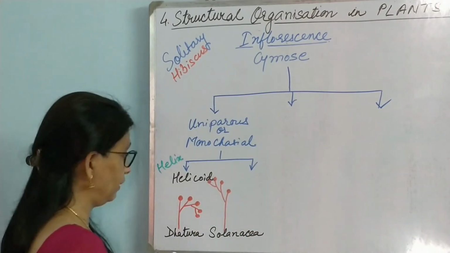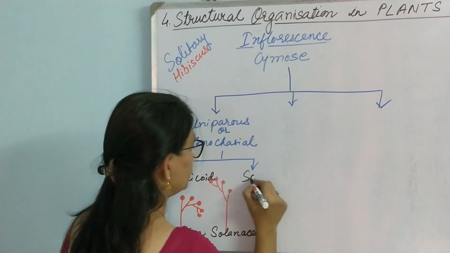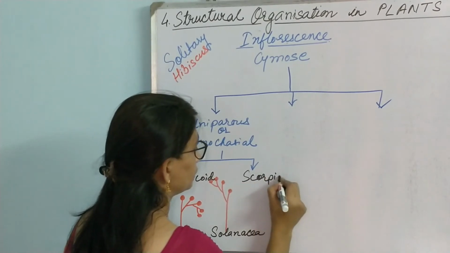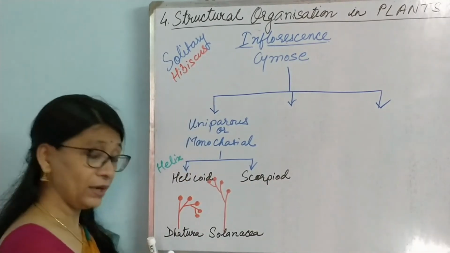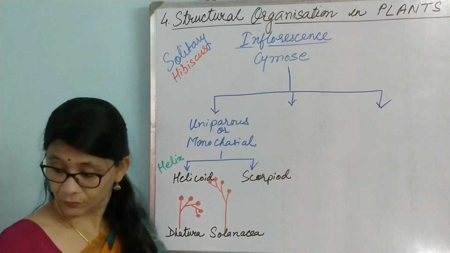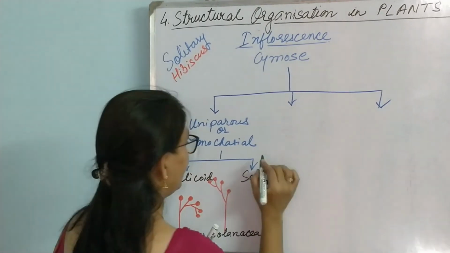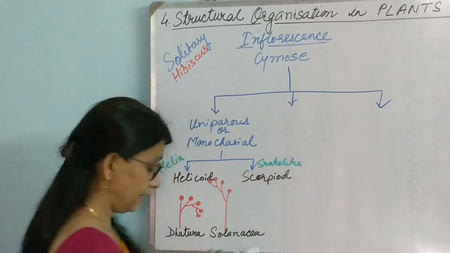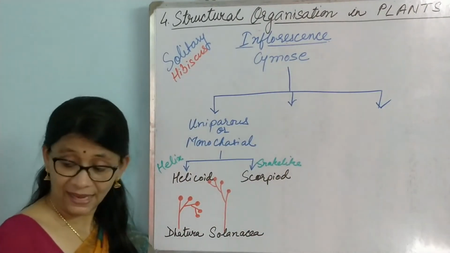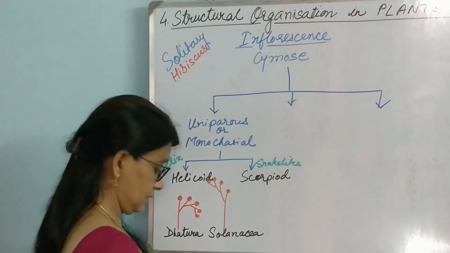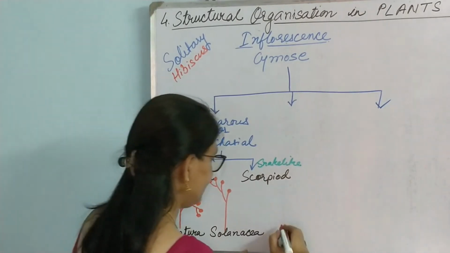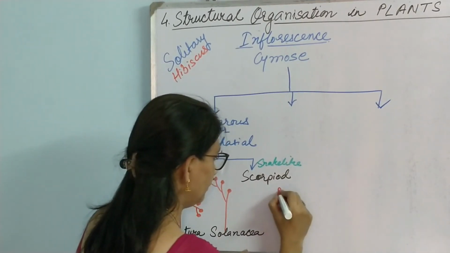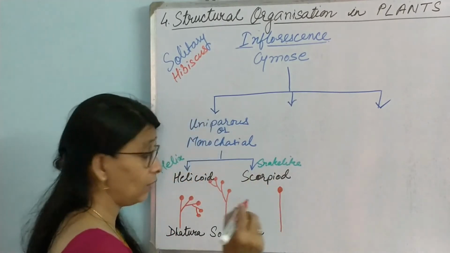Now, the next type will be scorpioid. Scorpioid means snake-like, which means the development is in a zigzag way. How come? Let's see. Suppose a branch is ending in a terminal flower.